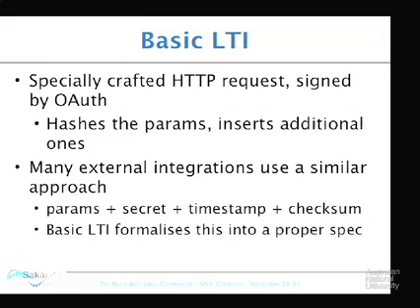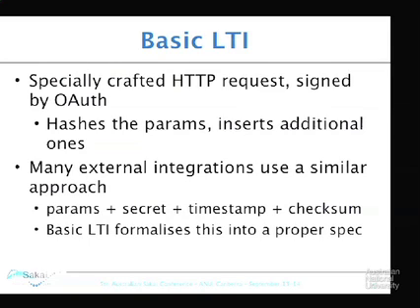So it's a specially crafted request. It's just a normal POST request, and the request is signed by a thing called OAuth, which basically hashes up all these parameters, adds a few extra ones in, and uses a shared secret key system. If your system wants to connect to my system, you have a key that identifies you, like a username or just the URL of your server, and then I give you a secret, which is just a password.